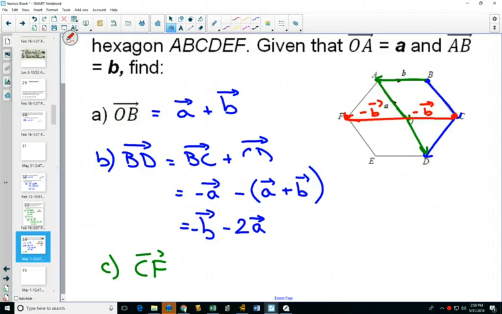Or you could take a longer route to get there. But either way, you will get a negative 2b as a result.